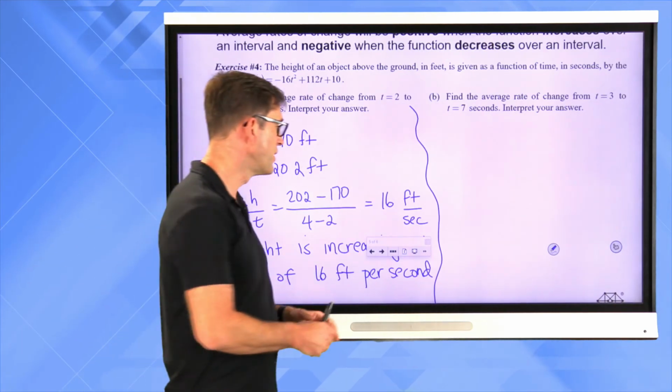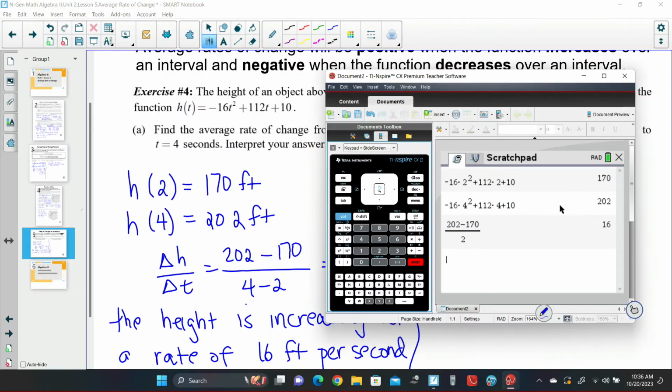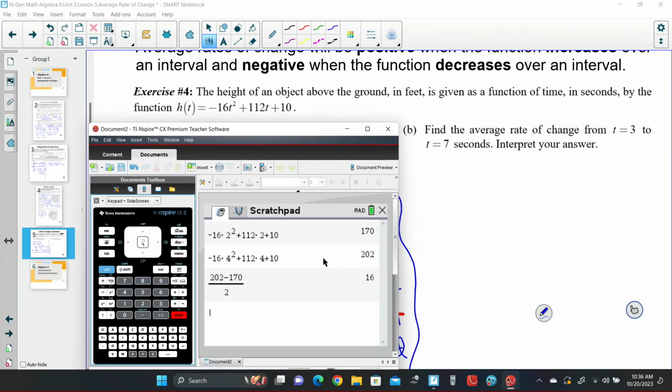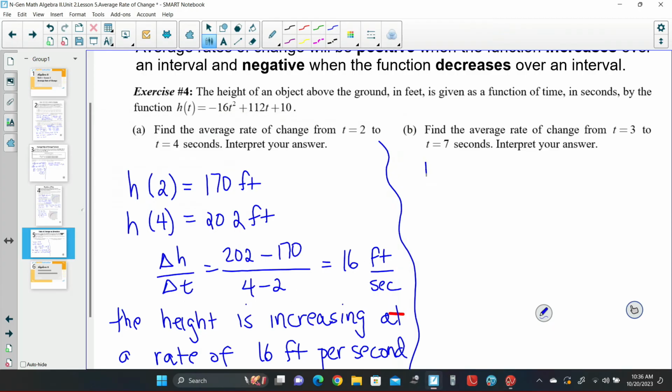All right, let's do it again. Let's figure out what our height is at 3 seconds. Let's do negative 16 times 3 squared plus 112 times 3 plus 10. All right, so our height at 3 is also 202 feet.